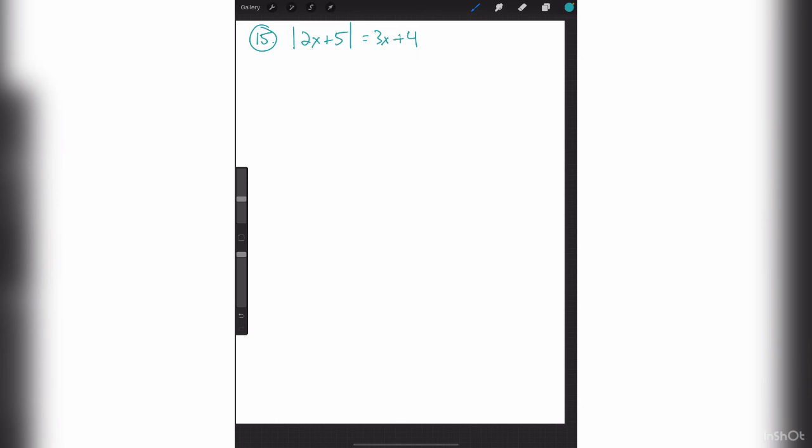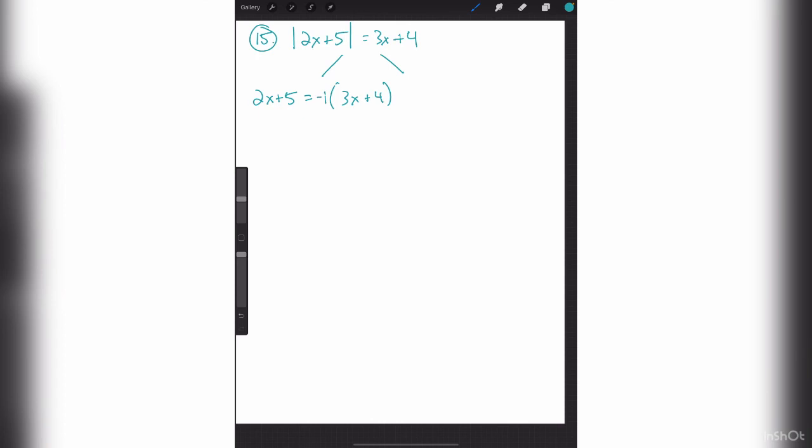We're going to solve this, but we're going to break this down two separate ways. The first way, I'll write it as 2x plus 5 is equal to, remember I have to have a negative answer on the right side. So what I have to do is take all of this and multiply it by negative 1 in order to make it a negative answer.